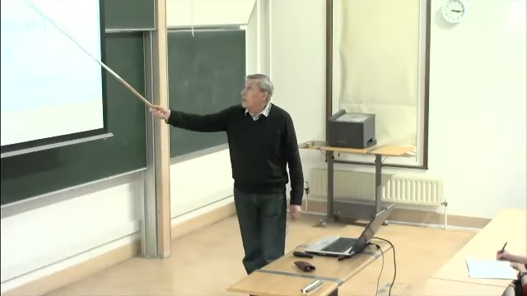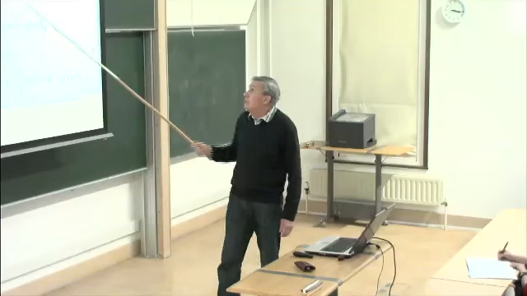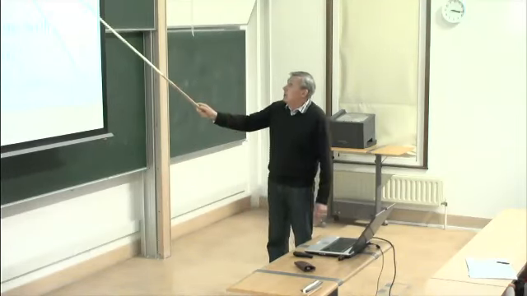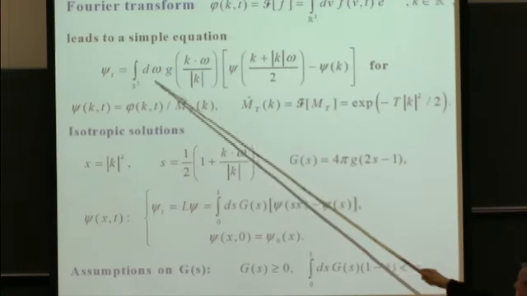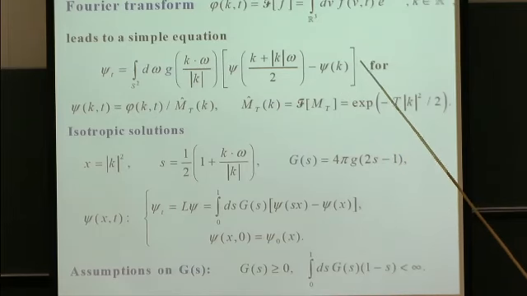So we have a very nice equation: psi sub t equals the integral over the unit sphere, again with the cross section, of psi of k plus modulus k omega, where omega is a unit vector, divided by 2, minus psi of k.